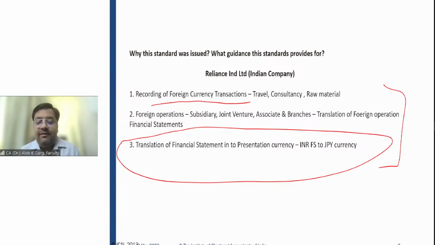The third piece we will discuss, for example, Infosys. Infosys is listed in the USA. In India, Infosys publishes its financial statements in INR.